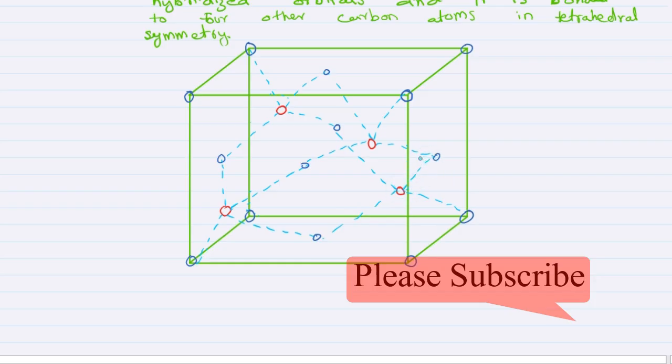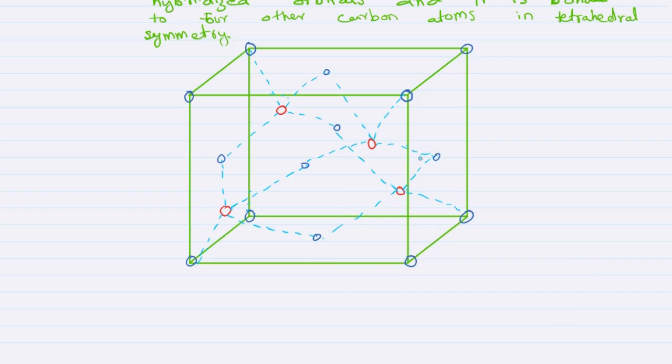We had shown that each atom is connected to the further 4 atoms in a tetrahedral symmetry, and this we had shown only for the 4 carbon atoms, but this is true for all carbon atoms in a diamond structure. Every atom is connected to the further 4 carbon atoms in a tetrahedral symmetry.